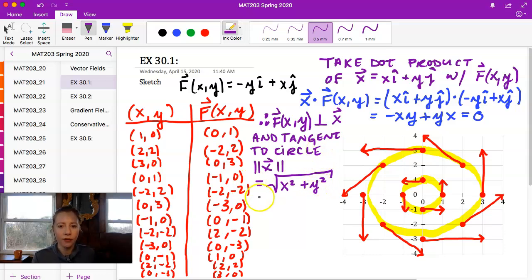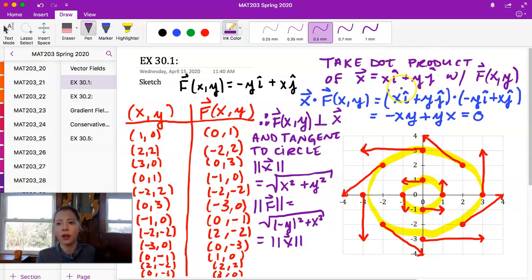Let's try one more. What if we took the magnitude of our vector field, f? Well, that is going to be equal to the square root of minus y squared plus x squared. And so that's the same thing as the square root of x squared plus y squared. So the magnitude of our vector field f is equal to the magnitude of x.